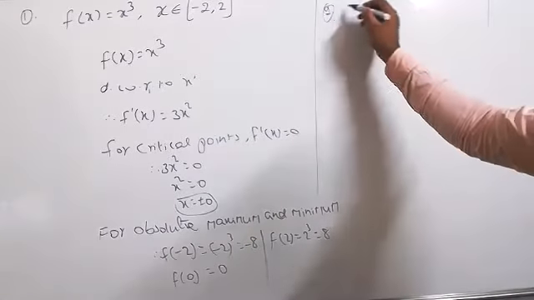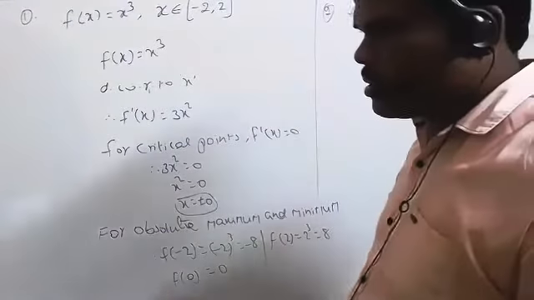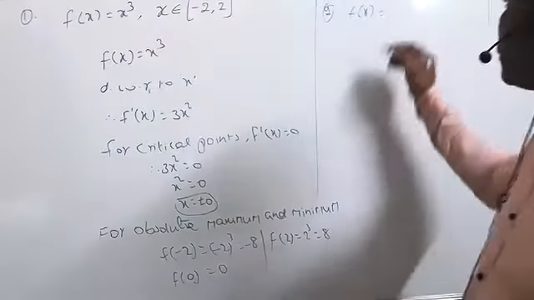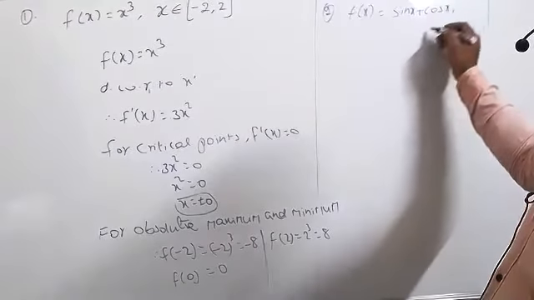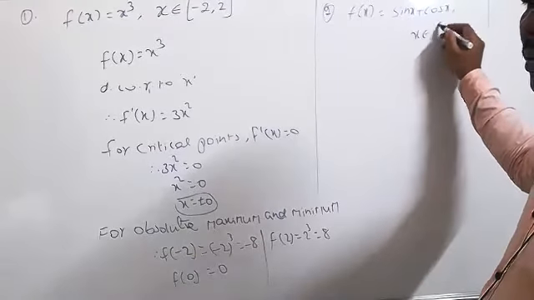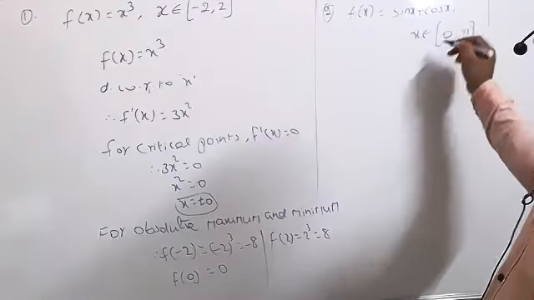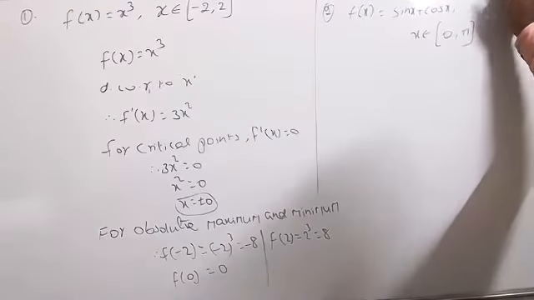Next. Second one, f of x equal to sin x plus cos x, x belongs to the closed interval 0 comma pi. You can find this one.